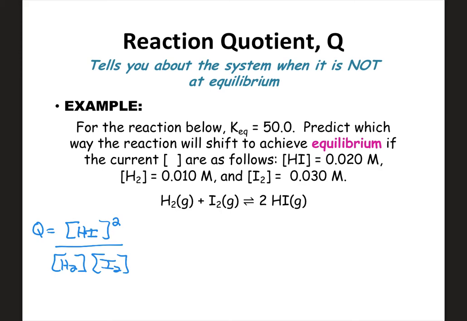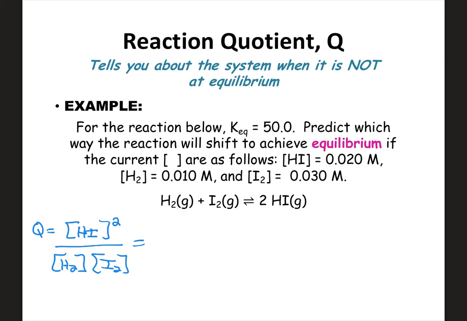Remember, these are all included in your equilibrium constant expression, or in this case your Q expression, because they're all gases. Products over reactants. So now I can plug in. Remember, these are not the concentrations at equilibrium. They're just concentrations of your current state. That's why we're using Q here.